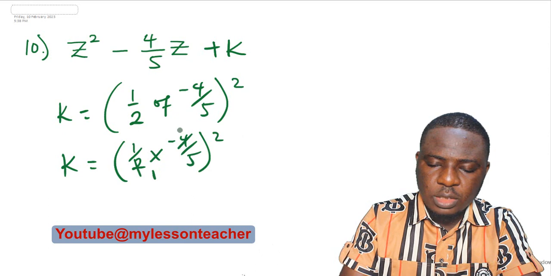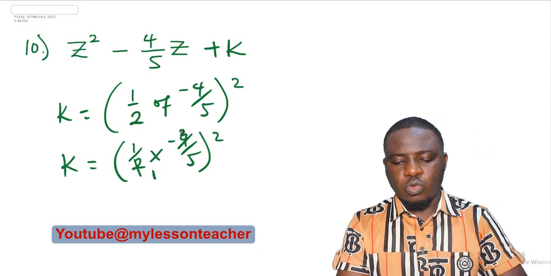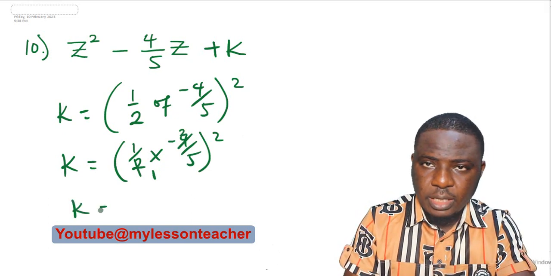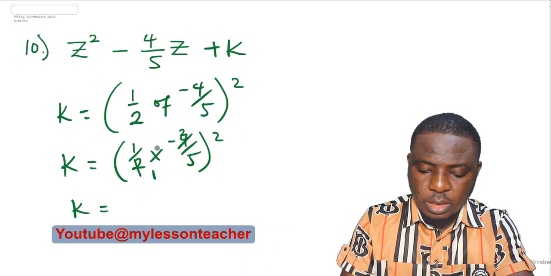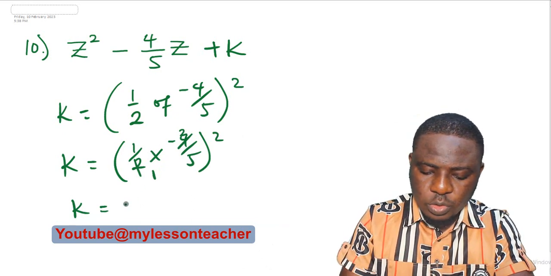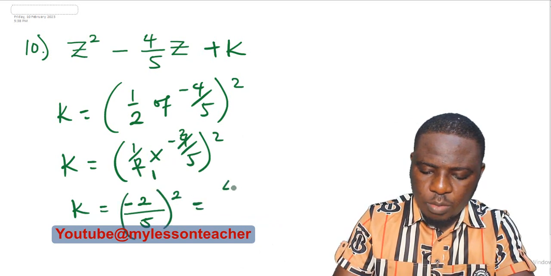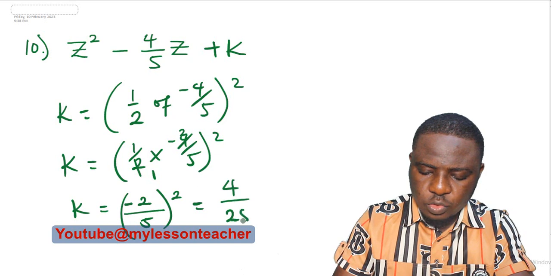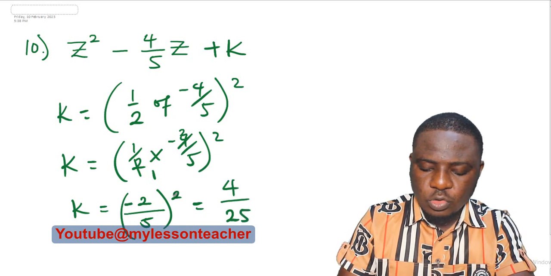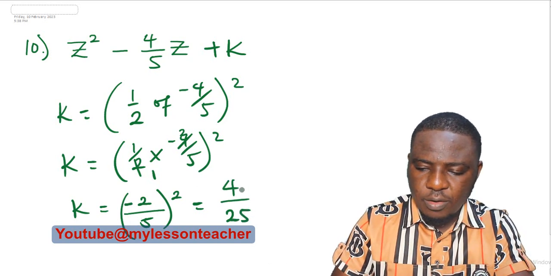2 into itself is 1. 2 into 4 is 2. So k is said to be 1 times minus 2 is minus 2/5 all squared, and this becomes 4/25. For minus 2 squared is said to be 4.